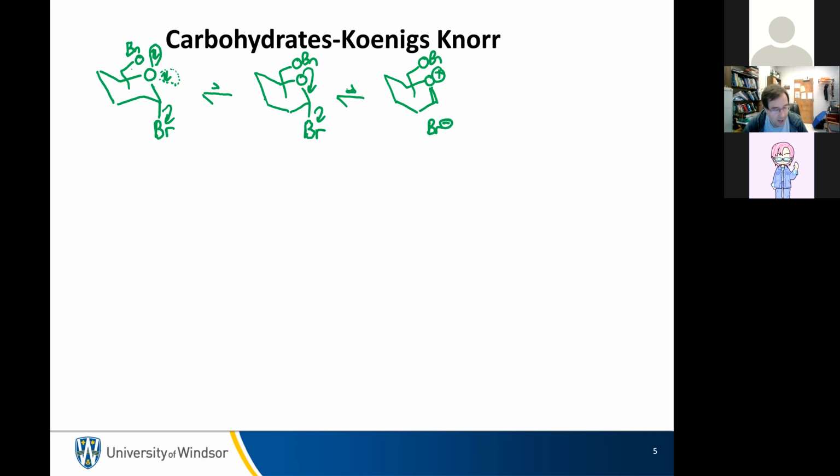Now, what can happen here is, this is more or less equal. The Br minus kind of flips around and starts sitting more on the top face of this boat or half chair.